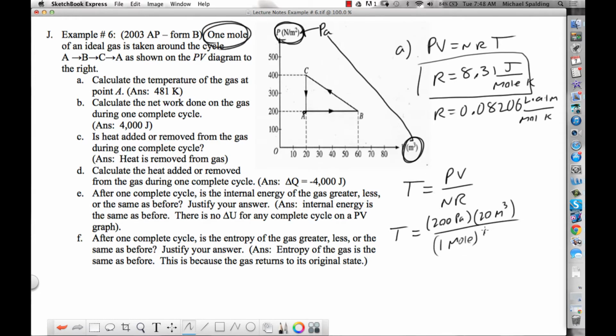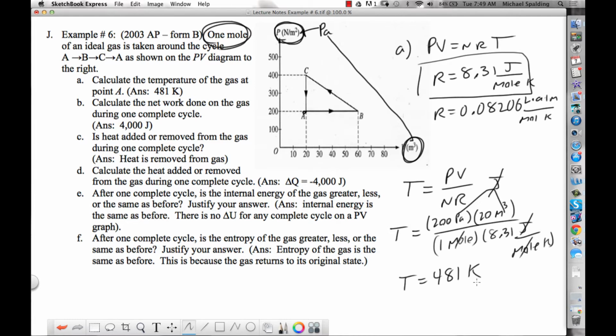And then gas constant, 8.31 joule per mole Kelvin. Pascal times cubic meter is joule. So the joules cancel, the moles cancel, and you're left with Kelvin. So this comes out as 481 Kelvin, right?